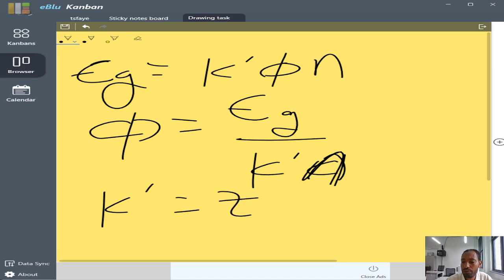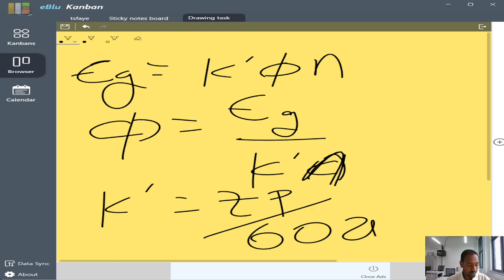We have to know these parameters. What is Z? We don't know Z directly. P is already known and A is already known, as we already discussed the paths.